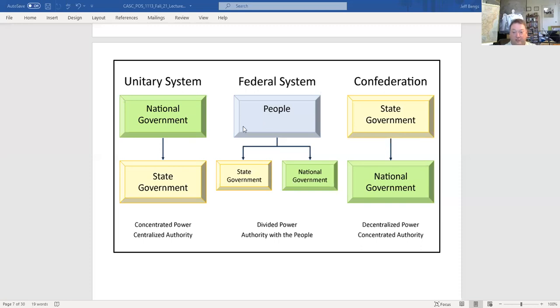So we moved to a federal system, kind of an in-between, except for the people, right? The people have the authority, and they elect their national leaders and state leaders to be the government, but a government that's divided in power, that is built on the authority of the people. As Abraham Lincoln said in his Gettysburg Address, we are a government of the people, by the people, and for the people.